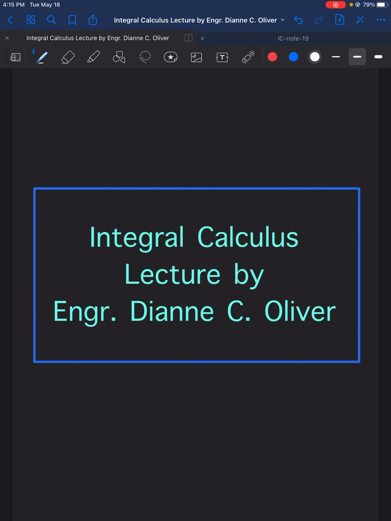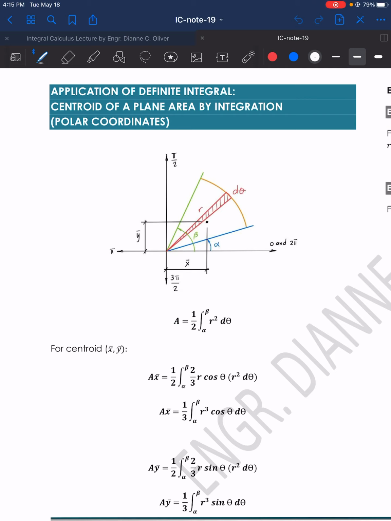Let's have the continuation of our lecture video in integral calculus with the topic Application of Definite Integral, Centroid of a Plane Area by Integration, and this time in polar coordinates. In the previous videos, we were able to discuss how to get the areas of the plane areas in polar coordinates, and this is what we need to review for this lesson.